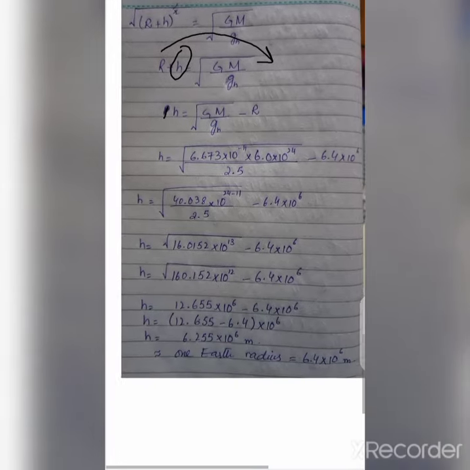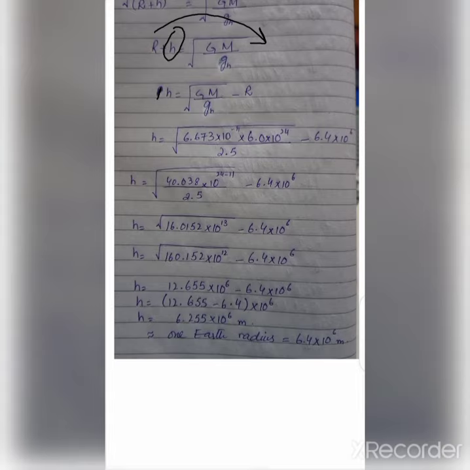R plus H whole square will be cancelled with square root. On right side it will be under root GM by gh. Now you have to just find out the value of H. Take R on the right side, it is positive here, so it will be negative on the other side. H will be under root GM by gh minus R.